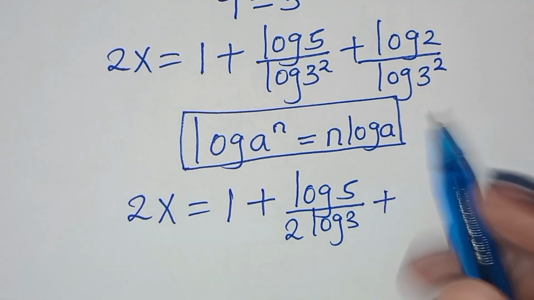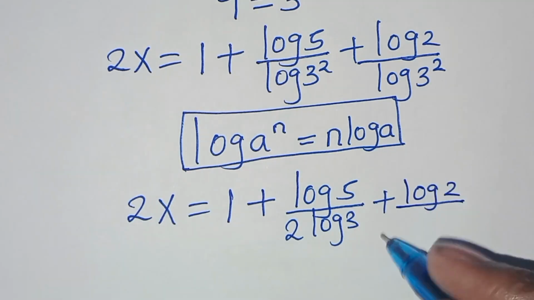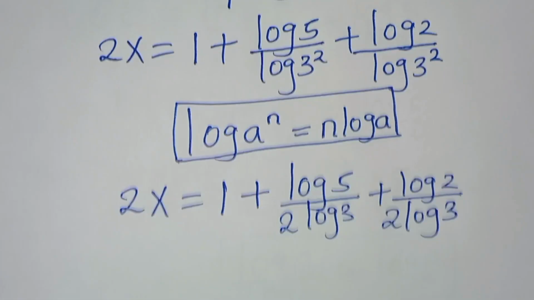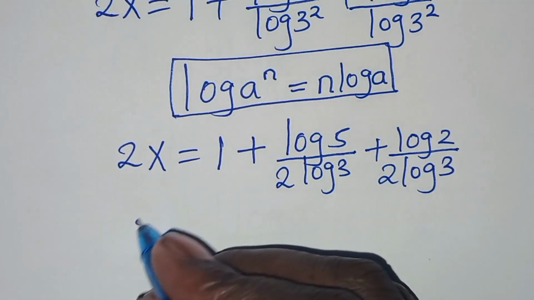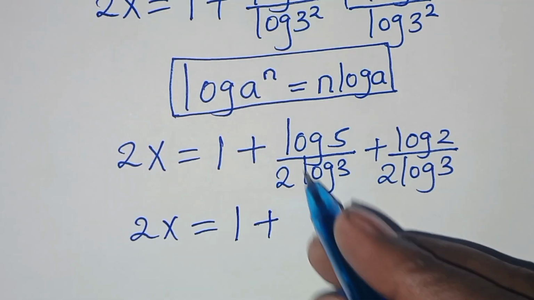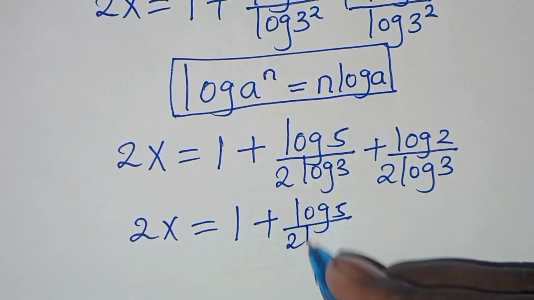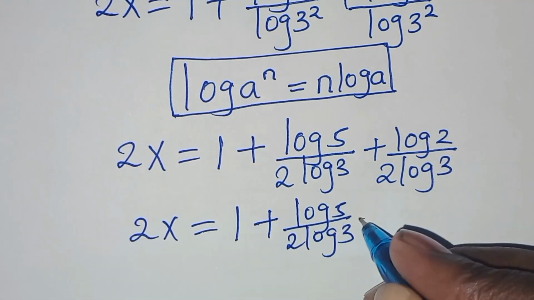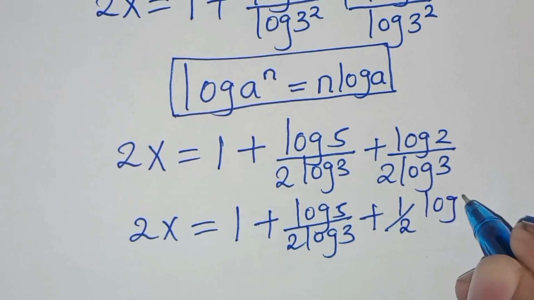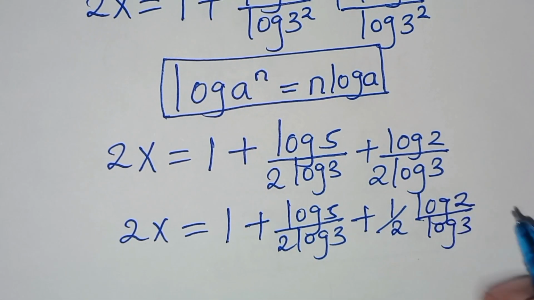Then plus log 2 divided by 2 log 3. So from here we have 2x is equal to 1 plus, now this is log 5 divided by 2 log 3 plus, now here this is the same thing as half log 2 divided by log 3.